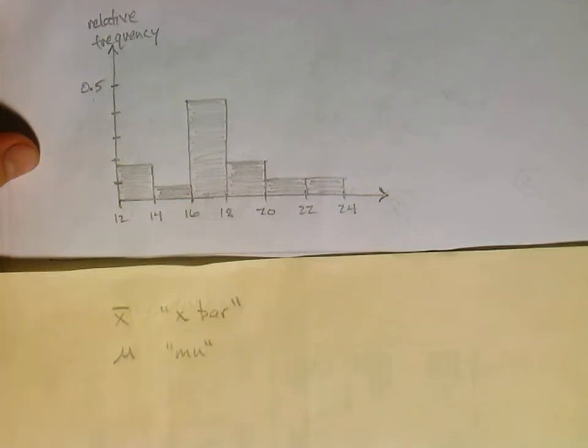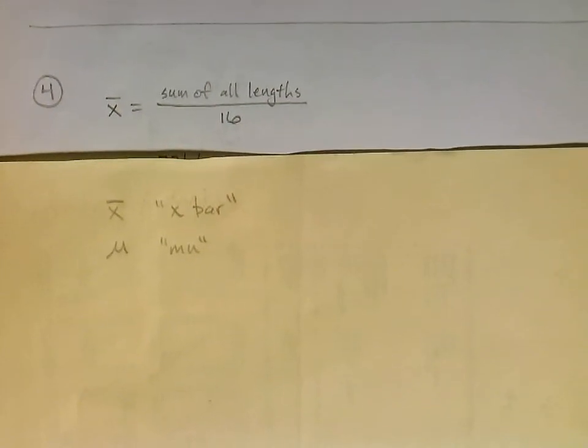Okay, so here we go. Now the first thing to ask yourself for number 4 is, should we represent this average with x bar or with mu? And obviously you see what I have written there. Why would I choose x bar to represent the mean of these great white sharks?